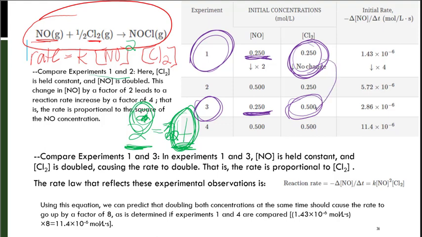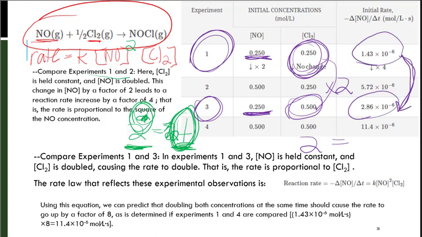So the concentration of chlorine doubled, and I'm going to put a 2 here. And when the concentration of chlorine doubled, let's see what happened to the rate from 1 to 3. 1.43 times 10 to the negative 6, and it went to 2.86 times 10 to the negative 6. So when I doubled the concentration of chlorine, it doubled the reaction rate. So 2 raised to what power is 2? That would be 1. So it's first order with respect to chlorine.